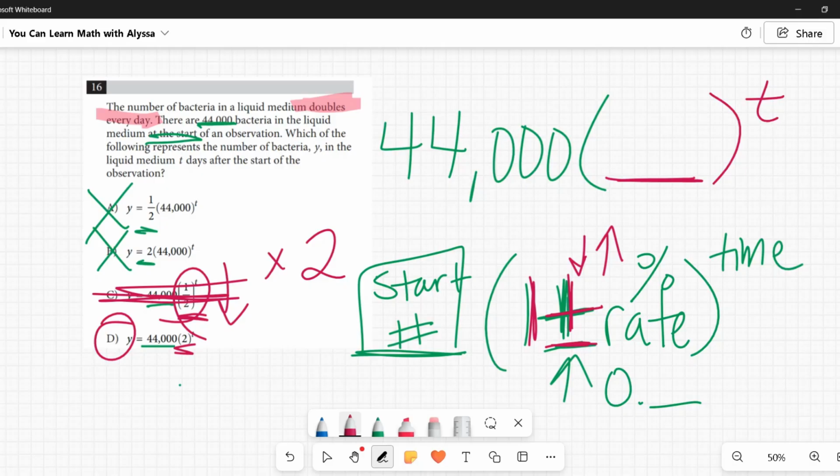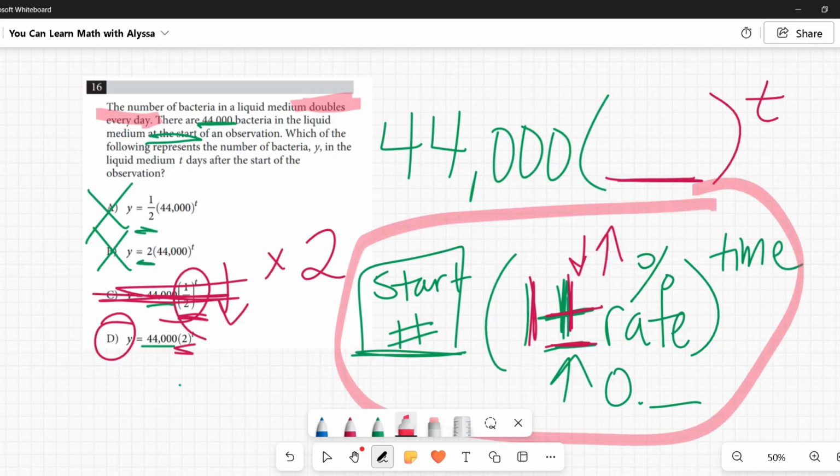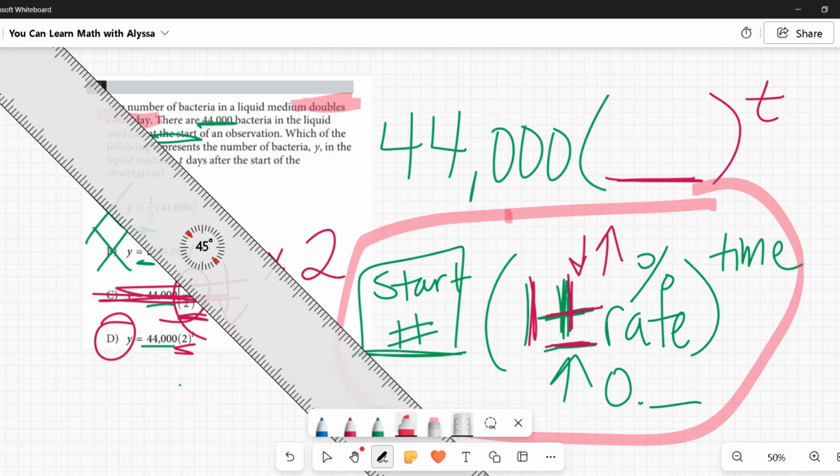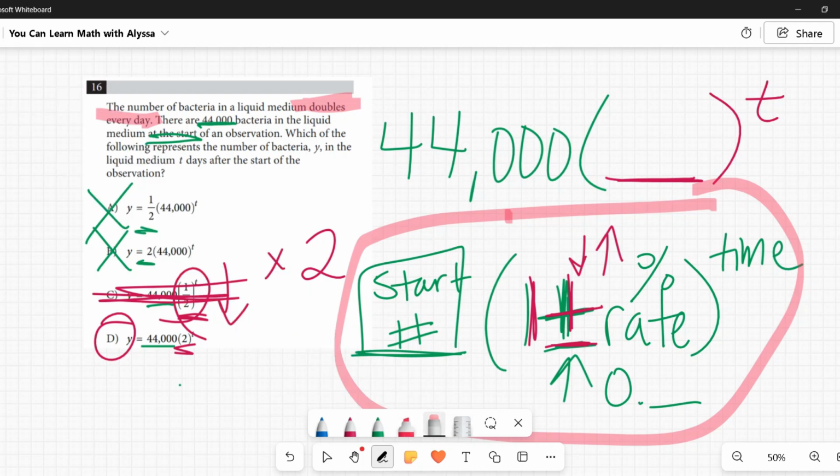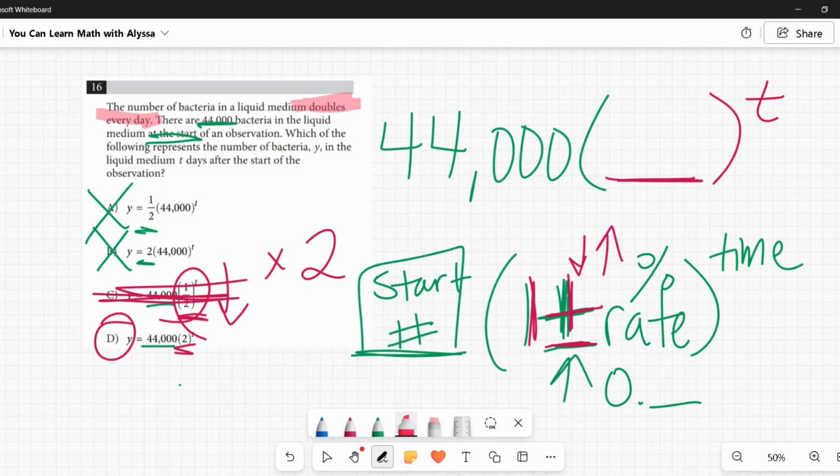I said it before, I'll say it again. Don't worry about memorizing that it's P sub 0 times 1 plus R to the power T. You don't have to know that unless you just want to, or if you want to know it for your math class, more power to you. But this application of it is what you need to know: the number out front in front of the parentheses is your starting number, in this case 44,000.